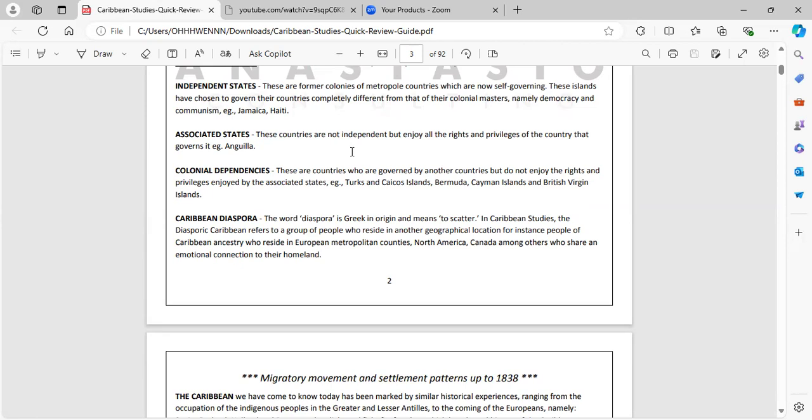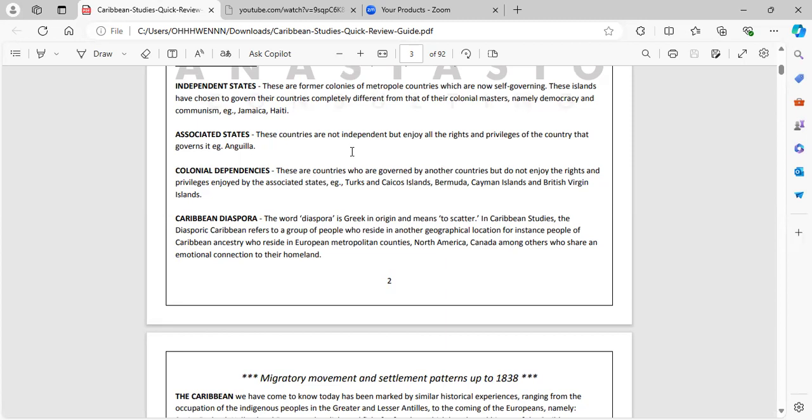The United States of America, they're the ones that govern Puerto Rico. So certain things that are done in the country, they have to talk to the USA before it's done. I think the USA manages their military and their money. I think they use US dollars in Puerto Rico. Don't quote me, you can always do your research.